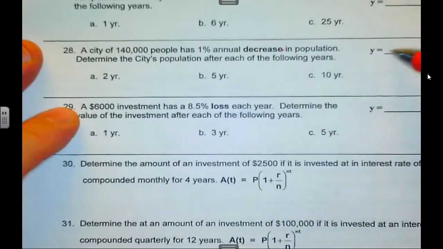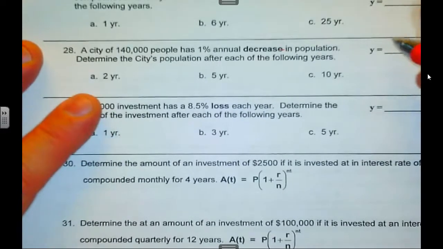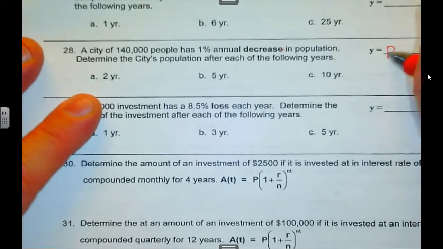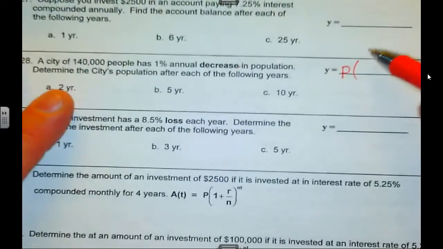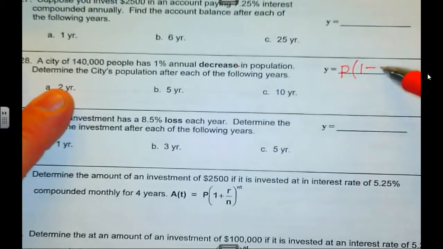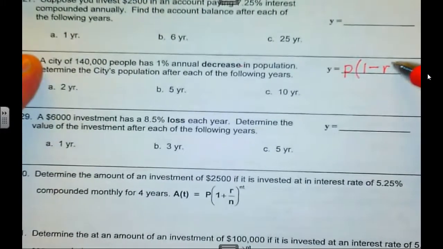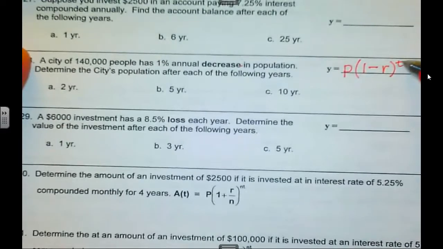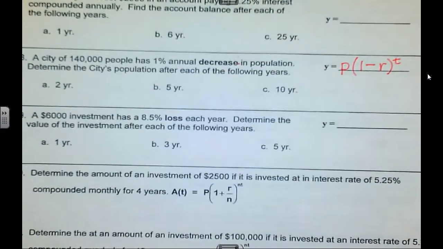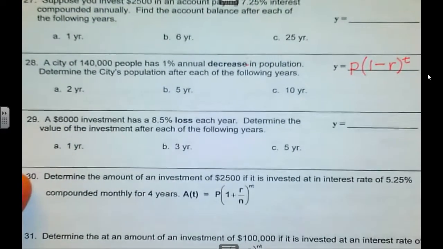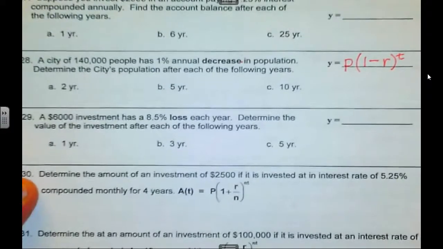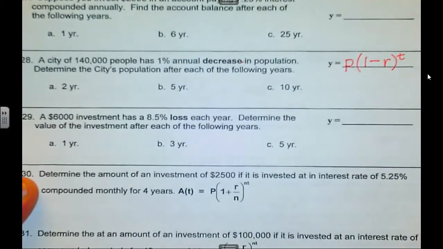Okay, so I'm going to use y equals my principal times a quantity, 1 minus R, and I don't see any compound word in here, so it's simple, raised to the t. Okay, these are my t's again, right?